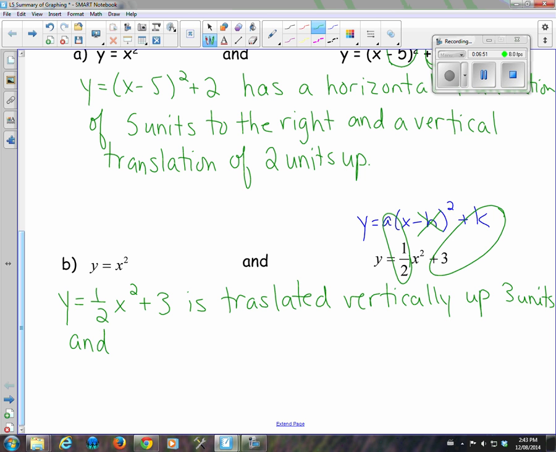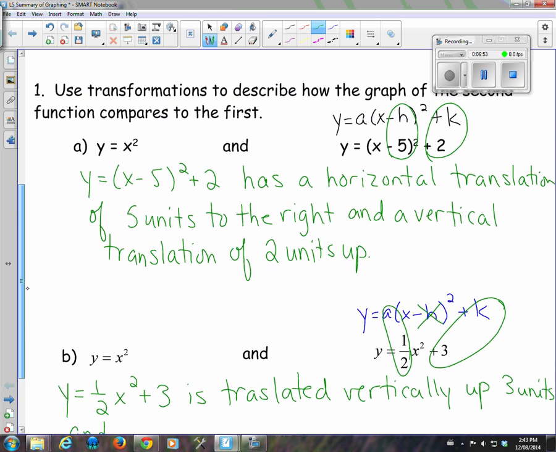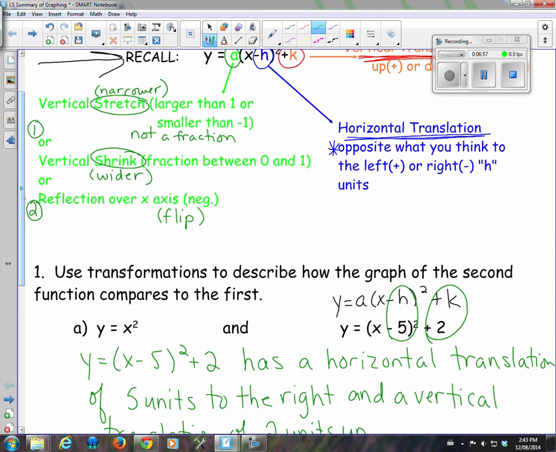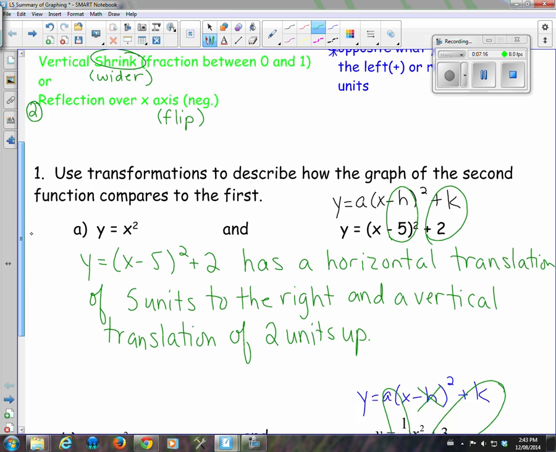And then I've got to decide what the half does. The a value, the half, can do a couple of things. If it's negative, it's a reflection, or it flips it upside down. So the half is positive, so it's not going to be a reflection. Then I have to decide, does it make it narrower or wider? Does it stretch it or shrink it? If it's a fraction, it will shrink it, make the graph wider.